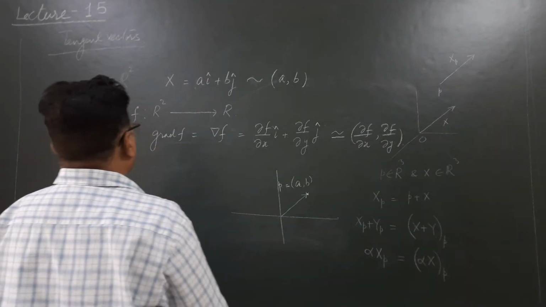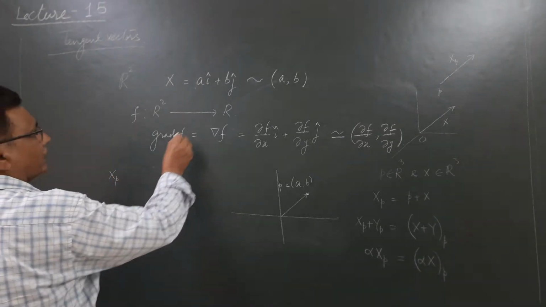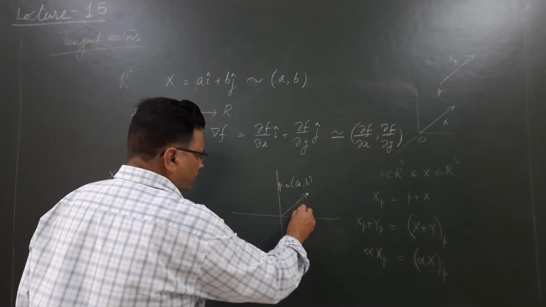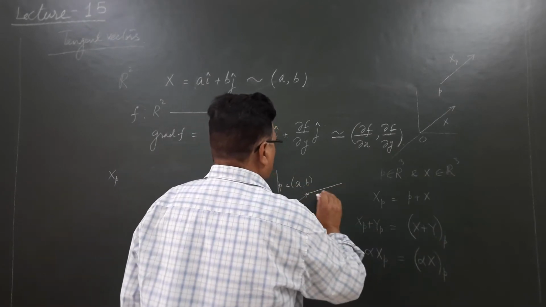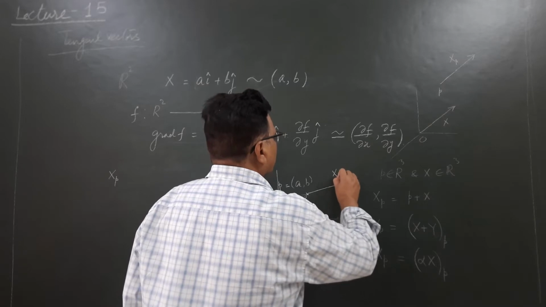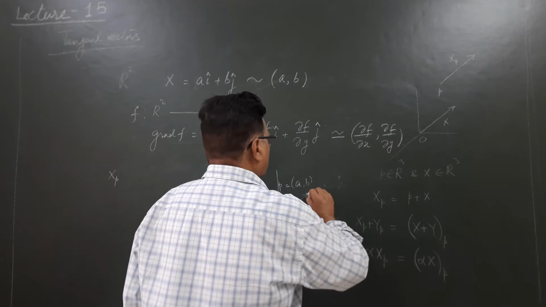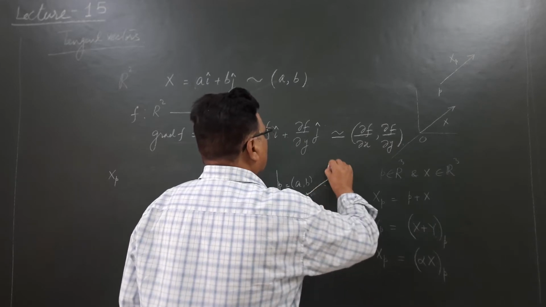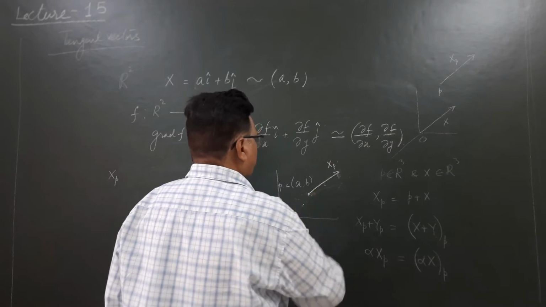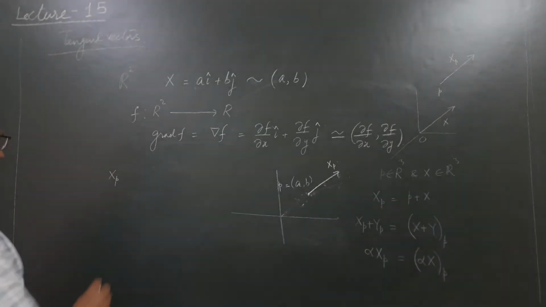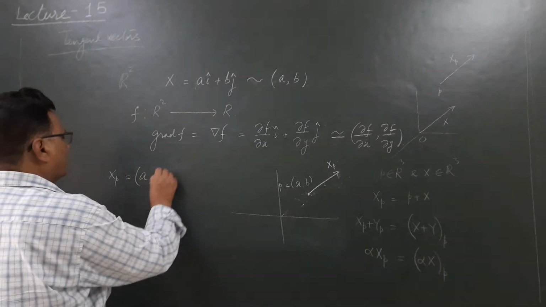Now, what I will do, I will consider the tangent vector Xp, in the same direction. This is the tangent vector Xp. This is P. Okay, so Xp is (a, b).